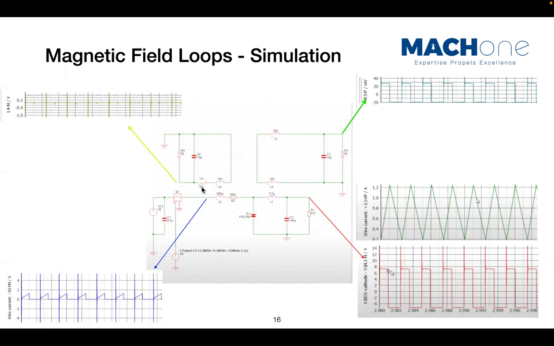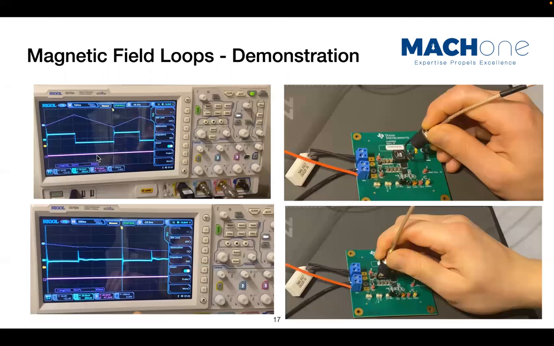However, if I place the magnetic field loop against a trace alongside the hot loop, what I expect to see will be something like this, a very spiky waveform here. And this is actually what we saw when we did this. As I said, if I move the magnetic field loop close to this inductor, then I measure a square wave voltage waveform.